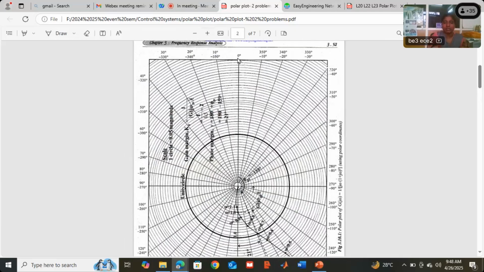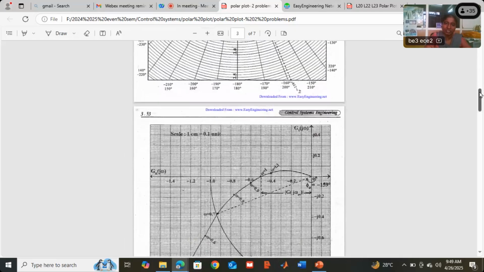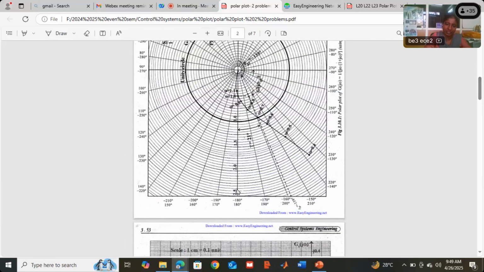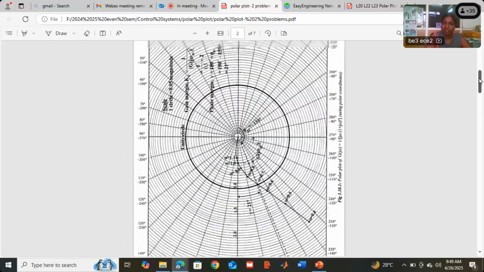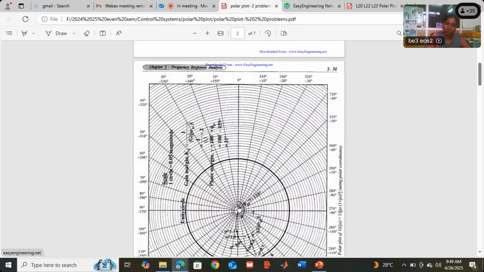Actually you have to rotate it right, this polar graph sheet, because positive x-axis means 0 degrees angle. Negative x-axis means 180 degrees angle. This line is negative x-axis, and this is positive x-axis. So they have tilted the graph sheet like this and put it in the textbook.